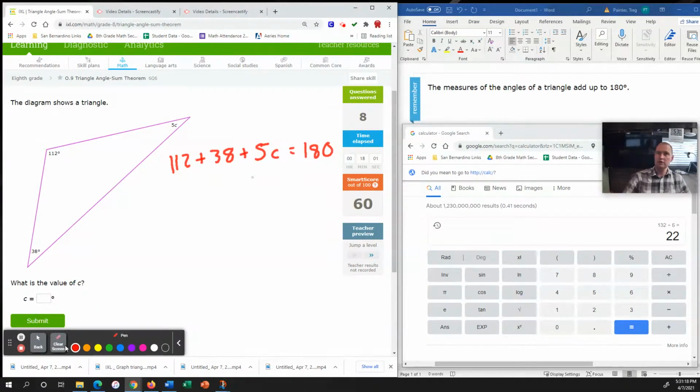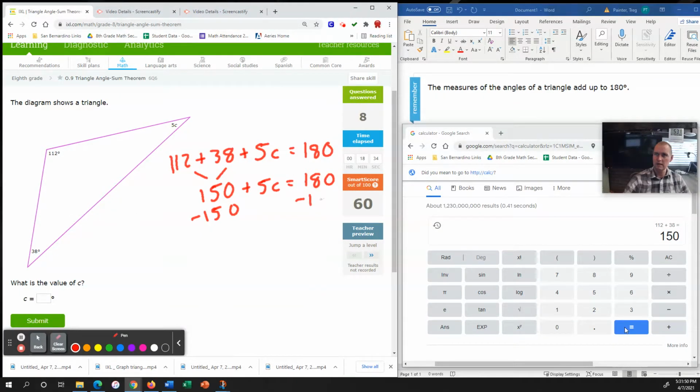All right, so we're going to do 112 plus 38. And that's going to give us 150 together. So 150 plus 5C equals 180. Subtract 150 from both sides.